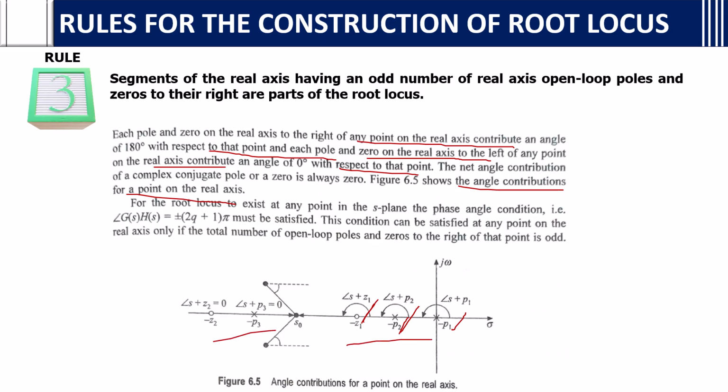So for the root locus to exist at any point in the S plane, the phase angle condition, that is, angle G(s)H(s) equals plus or minus (2q plus 1) times pi, must be satisfied, right? That should be satisfied. This condition can be satisfied at any point on the real axis if the total number of open loop poles and zeros to the right of that point is odd.